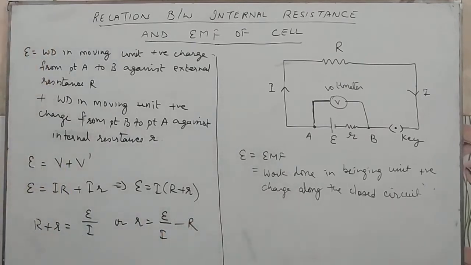Now see here, V, that is the terminal potential difference, is equal to IR. So we can put the value of I here.